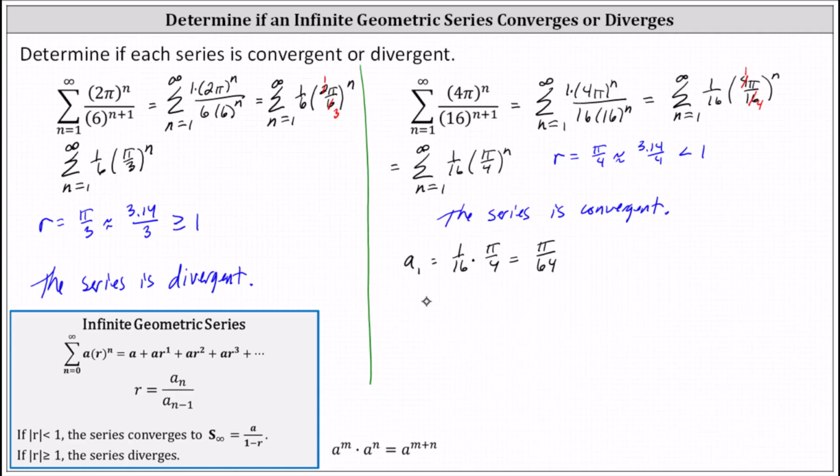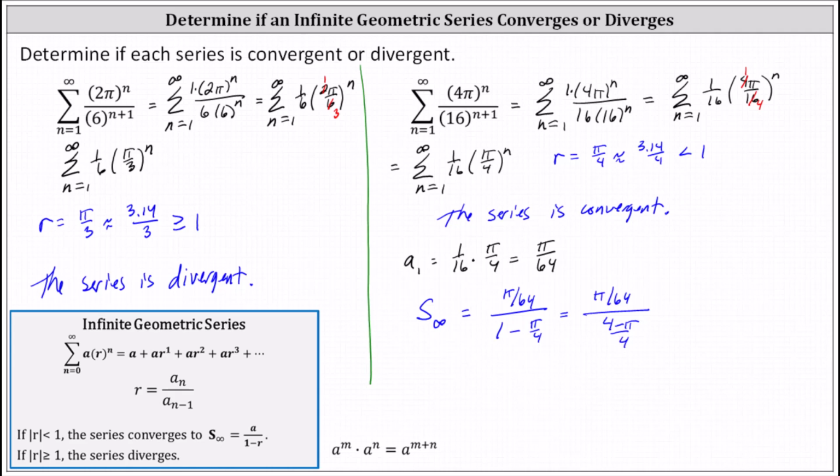And now we'll determine what the infinite series converges to by determining the infinite sum, which is equal to a sub 1, or pi divided by 64, all divided by 1 minus r, or 1 minus pi divided by 4. This is equal to pi divided by 64, divided by, in the denominator we have 1 minus pi divided by 4, which is 4/4 minus pi fourths, which is the quantity 4 minus pi divided by 4.